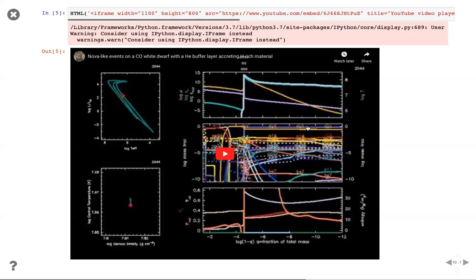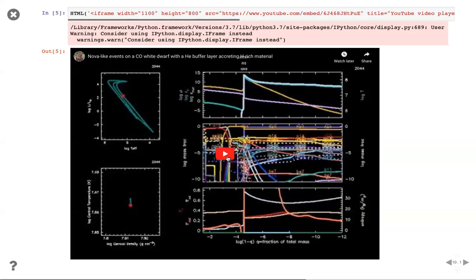The presence of the helium buffer layer makes the hydrogen explosion less violent than in real novae, so it's easier to simulate these repeating events many times.